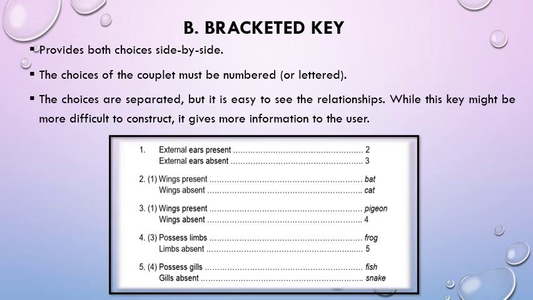Possess limbs: if the limbs are present, then it's a frog, and if the limbs are absent, then we have to move on to number 5. And you can see with number 5, in the bracket 4 is written. It means that this last couplet, that is the fifth couplet, is related to number 4, or derived from the fourth couplet. That is possess gills. If the gills are present, then it is a fish, and if the gills are absent, then it is a snake.